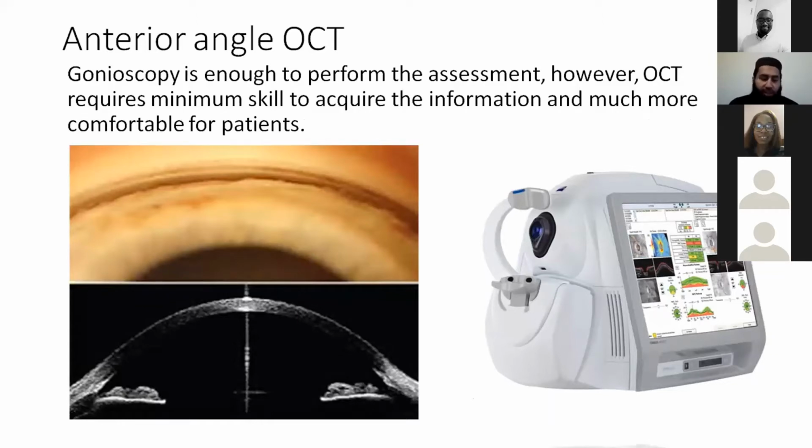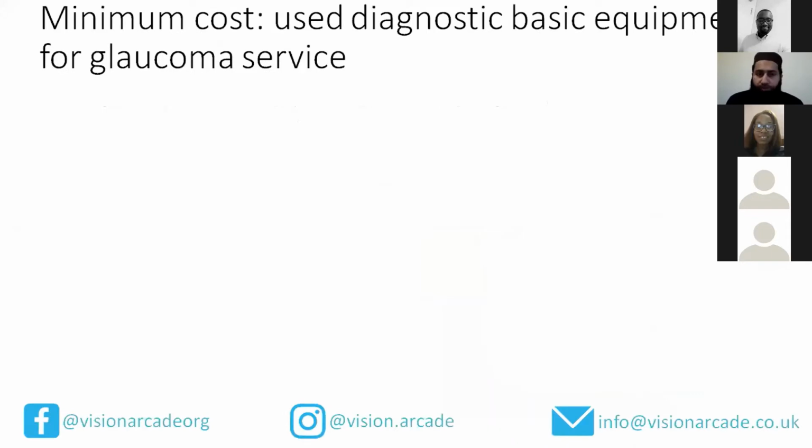So anybody from the reception can perform this anterior angle OCT for you, and you can assess the angle a lot easier as compared to gonioscopy. But gonioscopy is a very important skill. I think we should all have that, especially if we are trying to manage our glaucoma patients. But OCT, as I said, is slightly a better option because of the comfort and the convenience for patients.